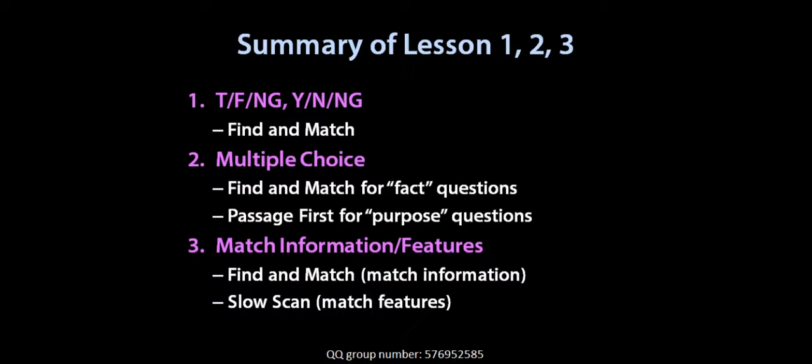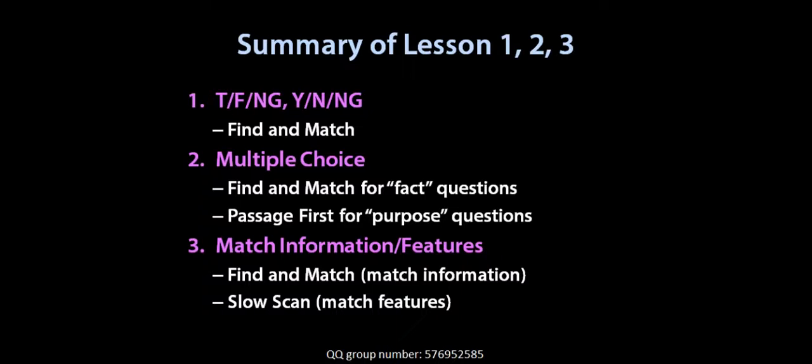Number 15 is a fact question. But then number 16 is a purpose question. So if you stick with the same strategy for all 3, you're probably going to get question 16 wrong, or you're going to have to guess. So that's the difficulty of multiple choice, determining which strategy to use.